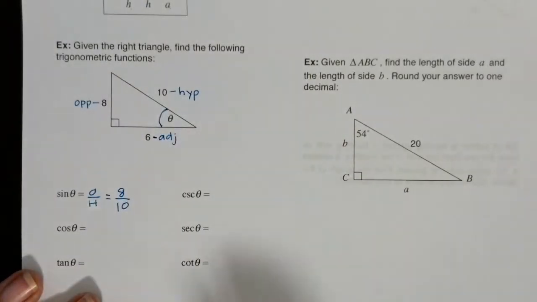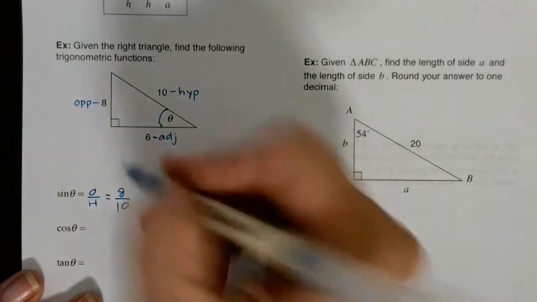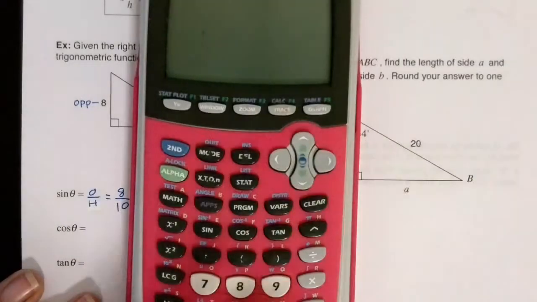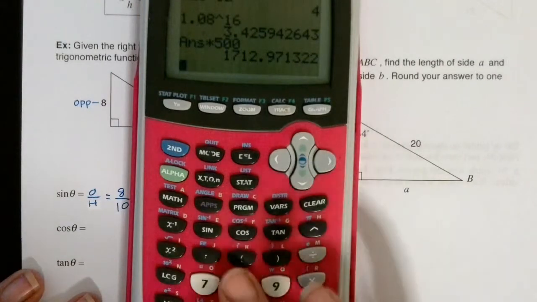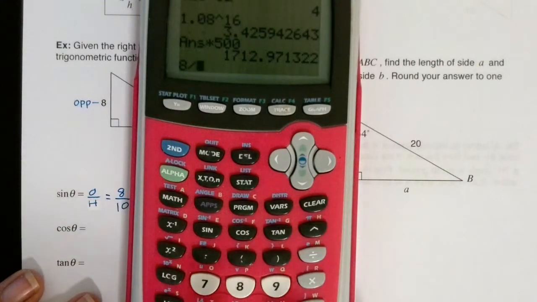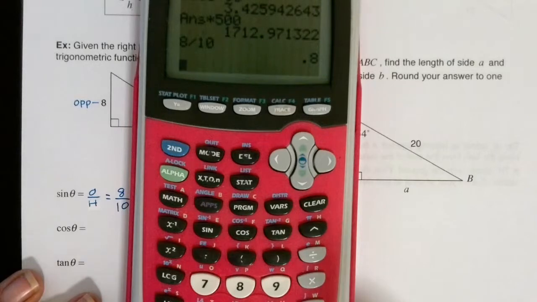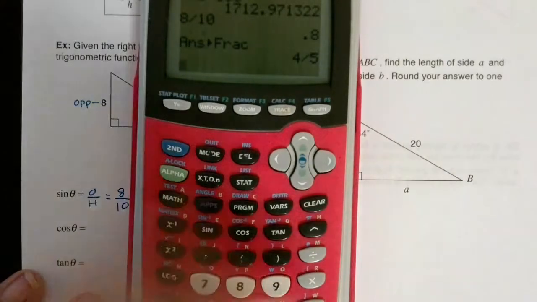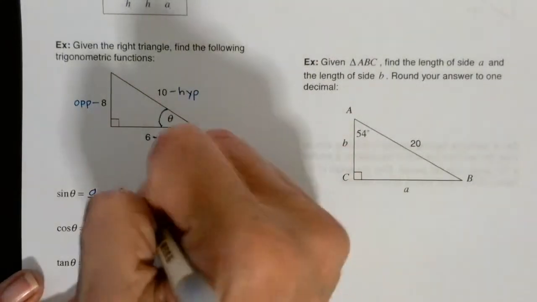So if you don't see that you can reduce that, then into your calculator, you need to do that. So you have 8 divided by 10, which gives you 0.8, and then you go math, enter, enter, and you'll see it's 4/5. So that's 4 over 5.